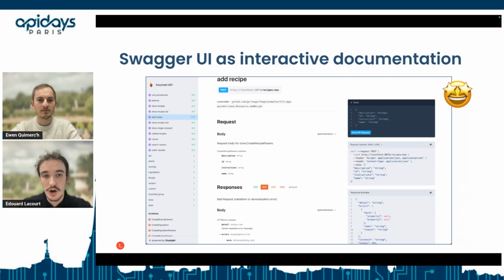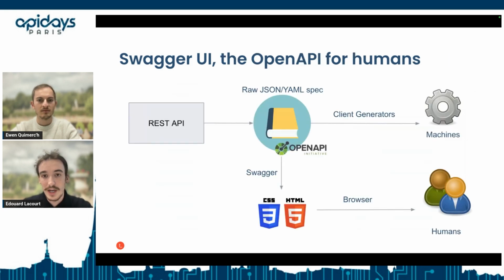So we see that the OpenAPI description is great for machines, but also for humans. Machines can generate client code from this OpenAPI description, and humans can consume the endpoints and try them.